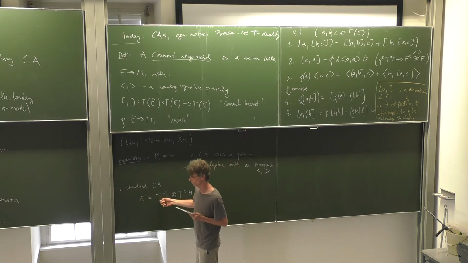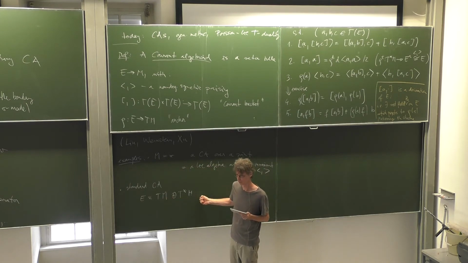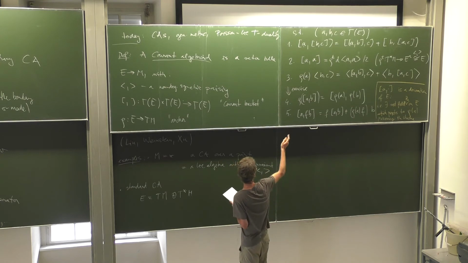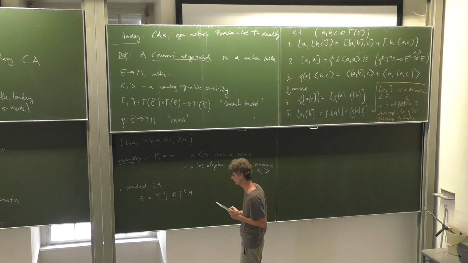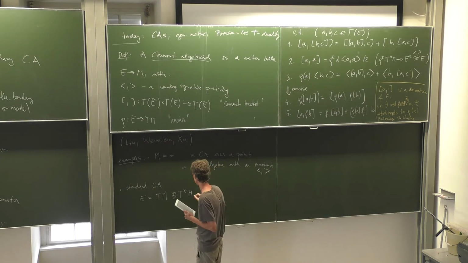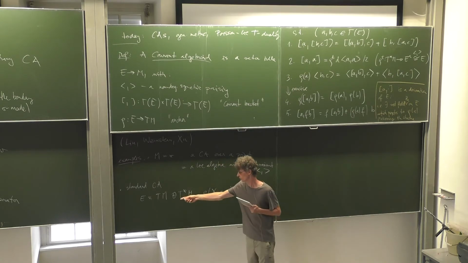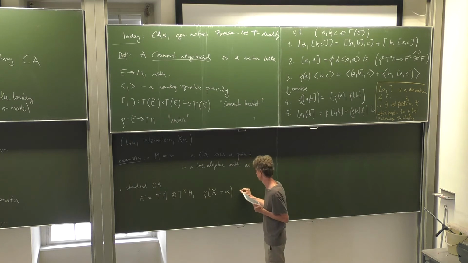And now on this, we need to somehow invent the pairing, the bracket, and the anchor map. Let me start with the anchor map. Rho of a vector field X and a one form alpha is the natural thing, just to project onto the vector field. It's defined to be X.